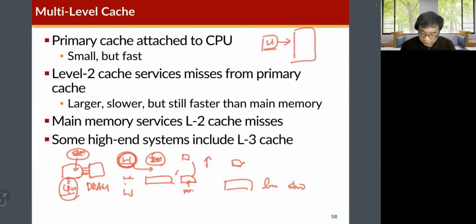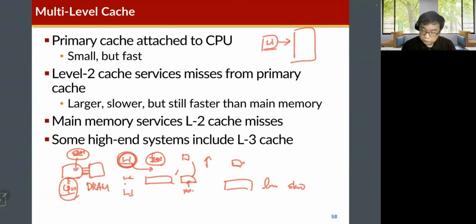After the level 1 cache, in the next level below it, we have a unified cache. In the level 1 cache, we have two different kinds of caches, the instruction cache and the data cache.